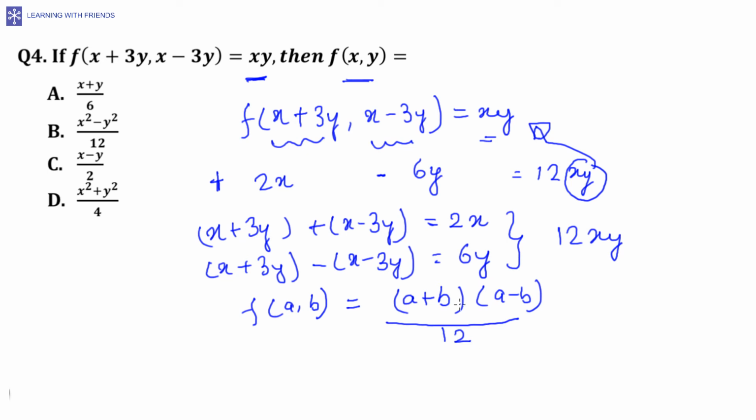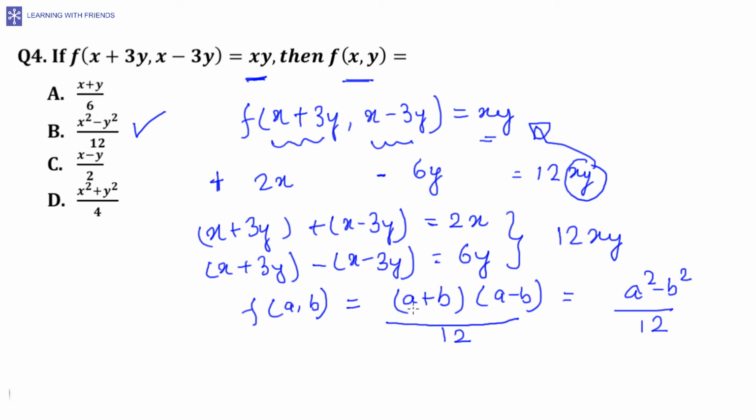So if I were just to put a, b in the brackets, this would be my answer. This can be further simplified. A plus b into a minus b is a squared minus b squared upon 12. So if instead of a, b I had put xy, then my answer would be x squared minus y squared divided by 12. So this is an interesting question because here you can't really solve it by any fixed method.